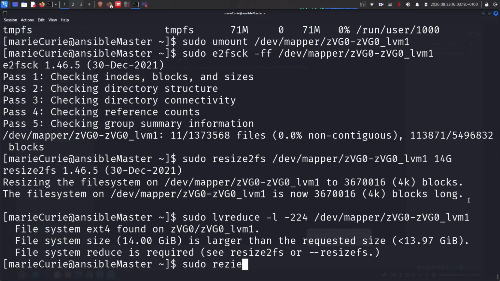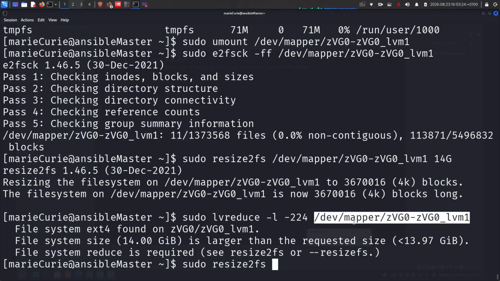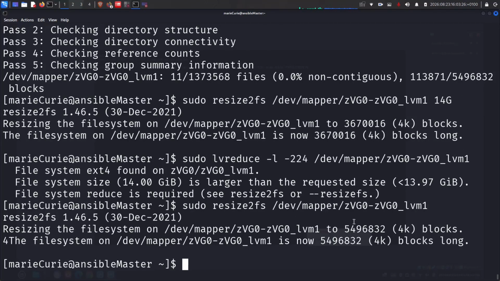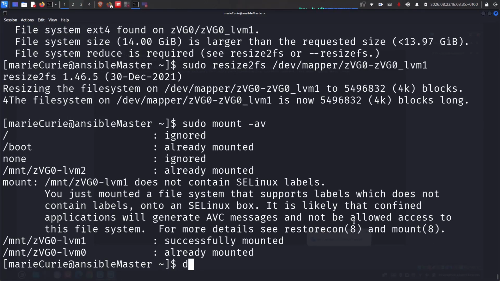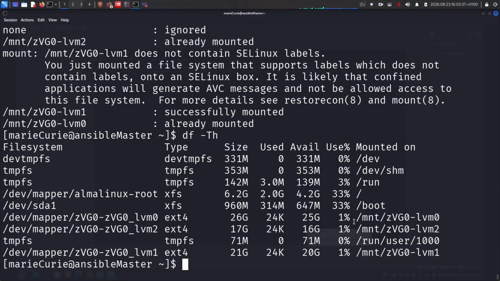Sudo resize2fs the LVM. Okay, and mount it. I cannot unmount it. Oh, I don't know why. lvreduce.